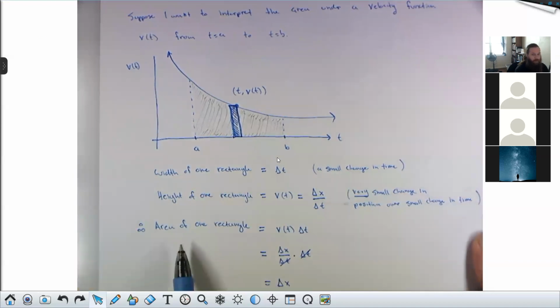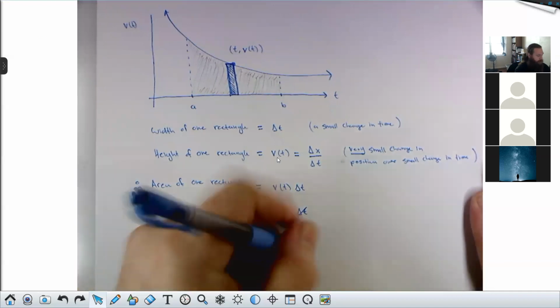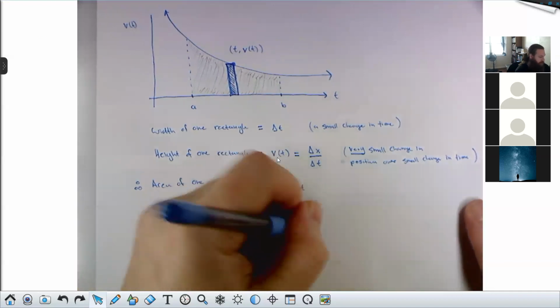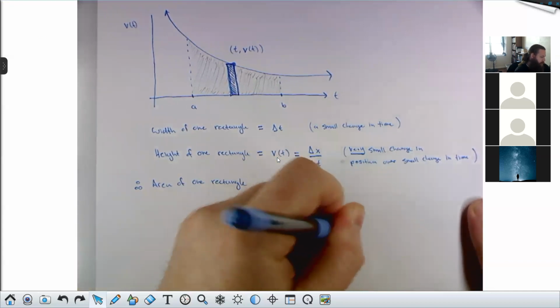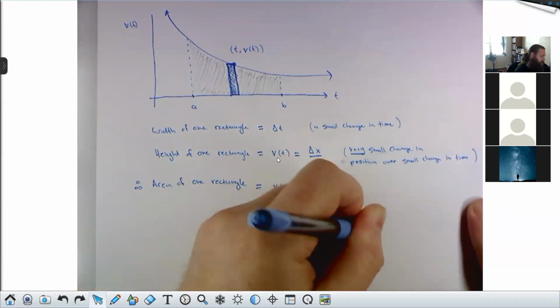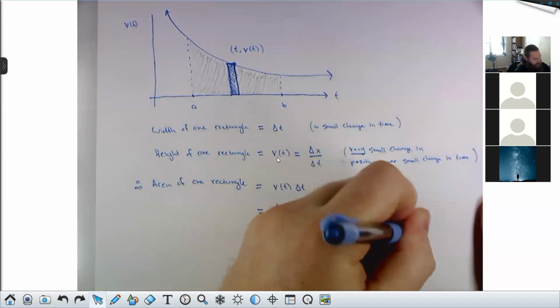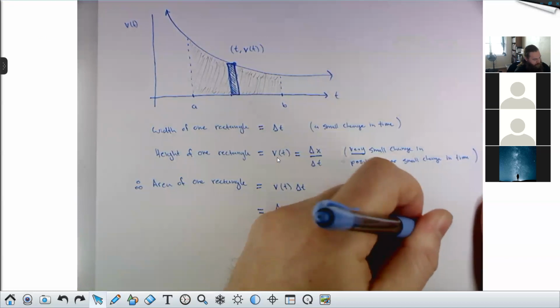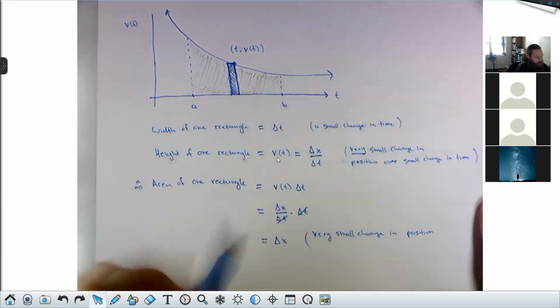So the area of one rectangle is equal to a tiny, very small change in position. It's the tiny change in position associated with this time interval.